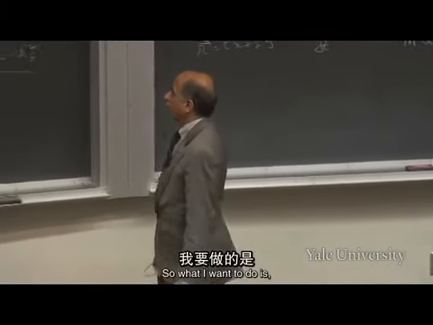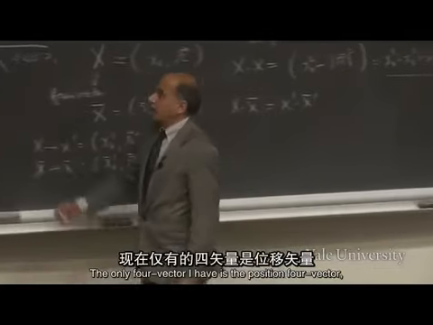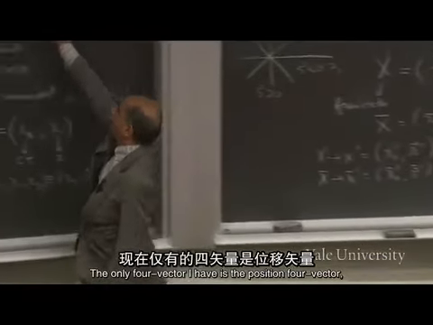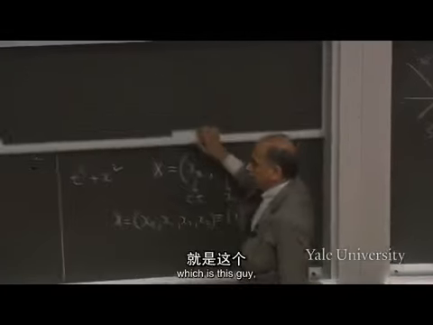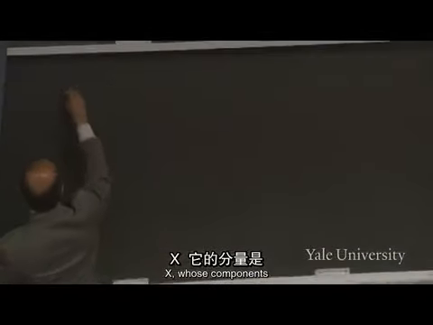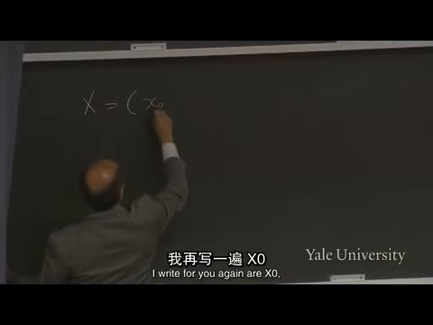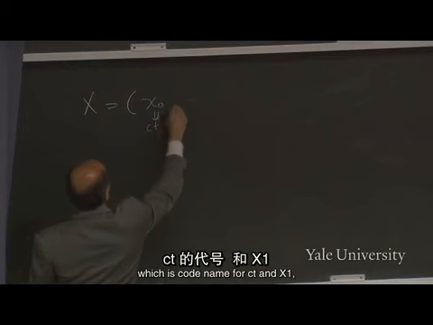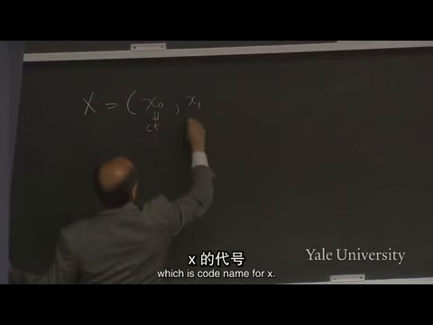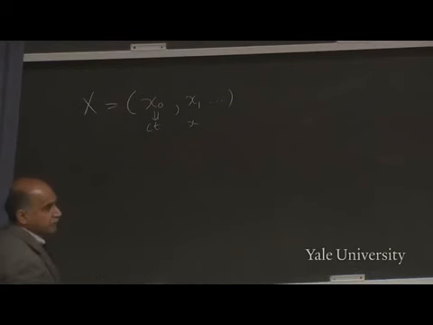So what I want to do is generate more vectors, because the only 4-vector I have is the position 4-vector, which is this guy capital X, whose components I write for you again: x0, which is code name for ct, and x1, which is code name for x, and you can put the other components if you like.